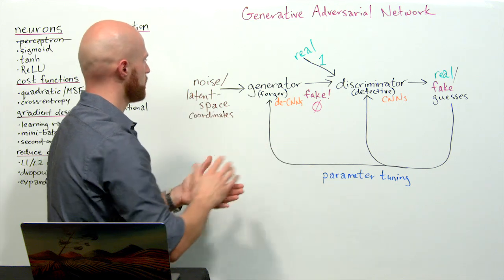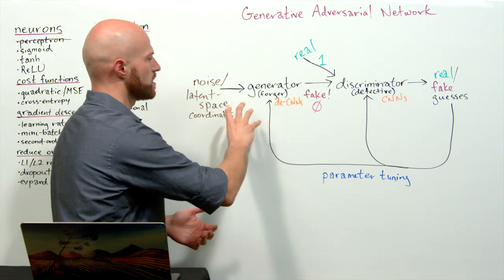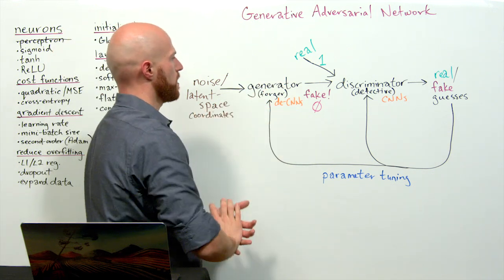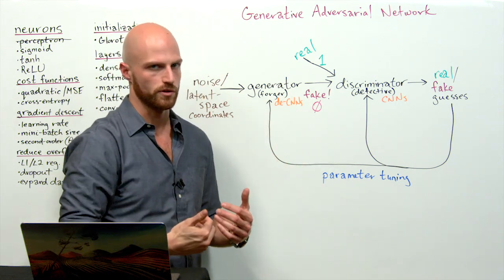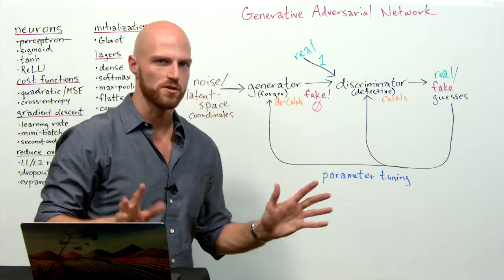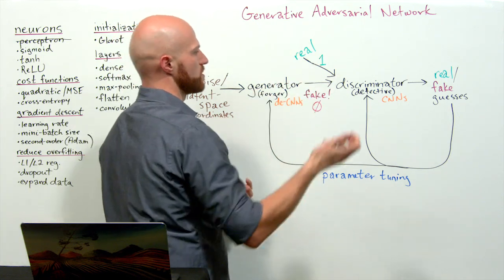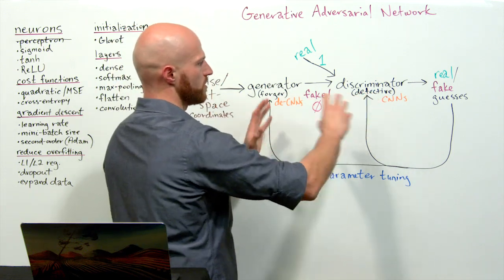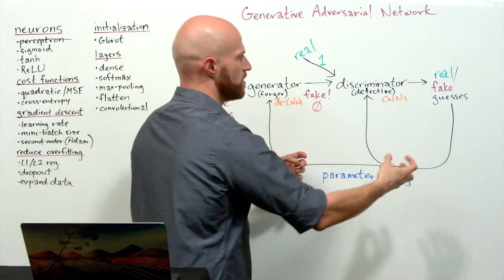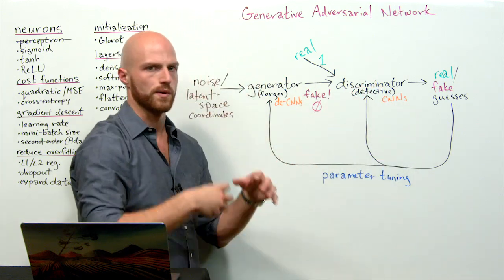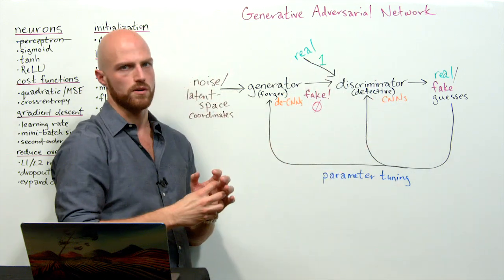When you're starting off, or when you're training your network, you're just feeding noise into the generator, and this generator, this forger, consists largely of deconvolutional neural networks. So this is perhaps the first time you've ever heard of these deconvolutional networks. These are the inverse of a convolutional neural network. The convolutional neural network is scanning images to look for features, and then the neurons of the convolutional neural network, the filters, come to represent particular features regardless of where they occur in the image.